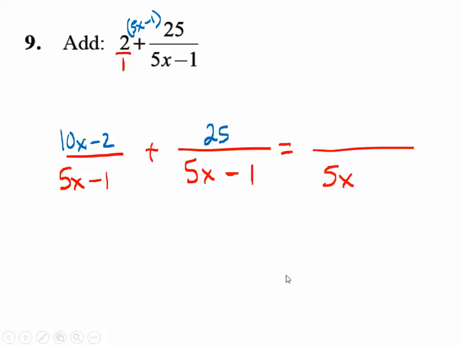All right, common denominator is 5x minus 1. Let's see on top, it's a 10x, looks like plus 23. All right, does that change? Does not factor, nothing reduces, so that would be the final answer then.